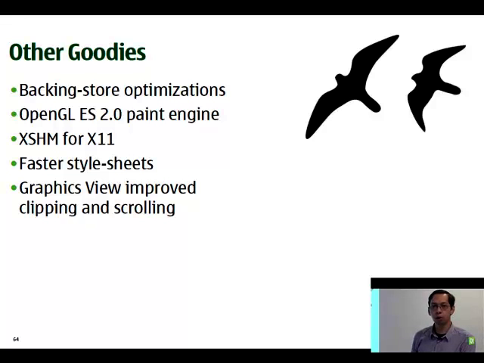So there's no overhead when transferring the pixmap from the client to the server. Style sheets have been improved as well. And of course, like I said before, graphics view is usually a bit slow when you do a lot of clipping and scrolling. You have to play some tricks. And in 4.5, QGraphicsView will try to perform some optimization automatically for you.